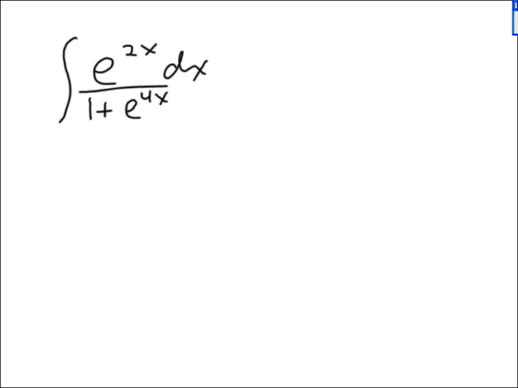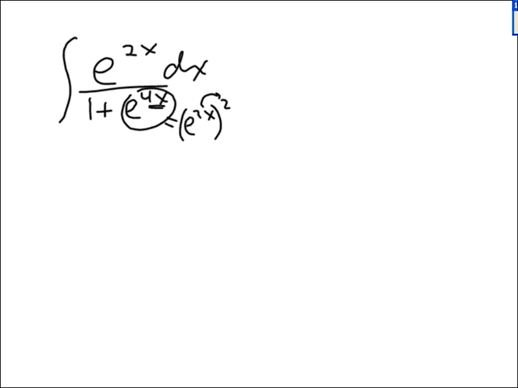Okay, here's an interesting problem. Suppose you have the integral of e to the 2x over 1 plus e to the 4x, times e to the 2x dx. Now, what you need to realize is that e to the 4x is e to the 2x squared, because when you multiply 2x by 2, you do get 4x.